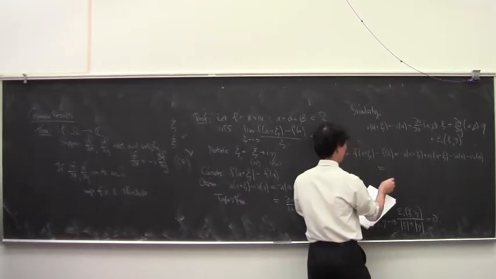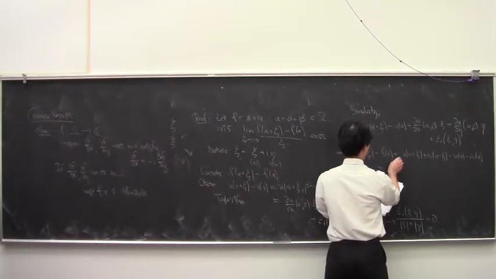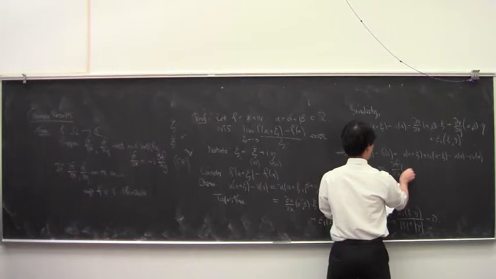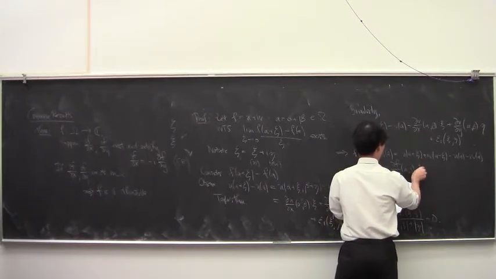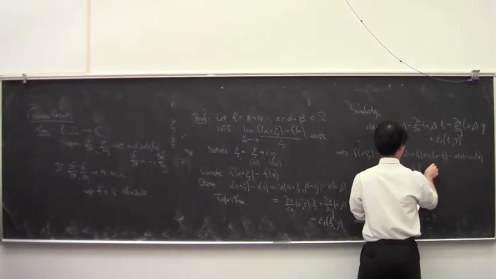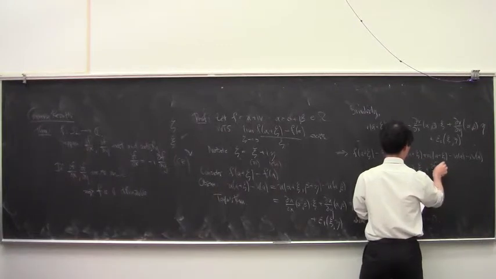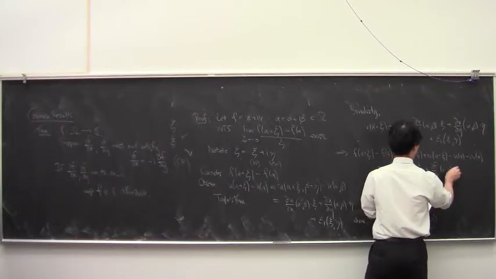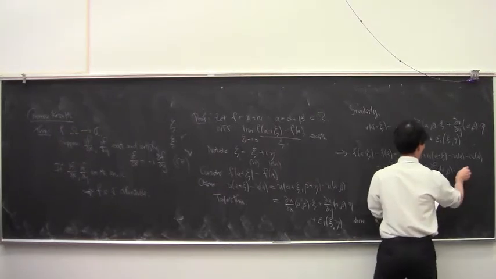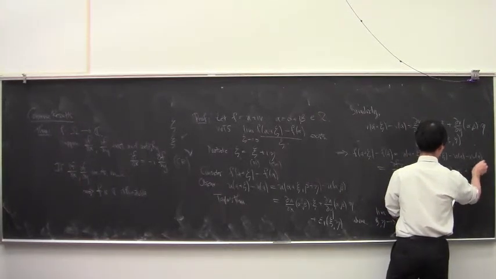What that, if you write that in terms of df dx, that's going to be df dx times c plus df dy dot eta, plus this error.